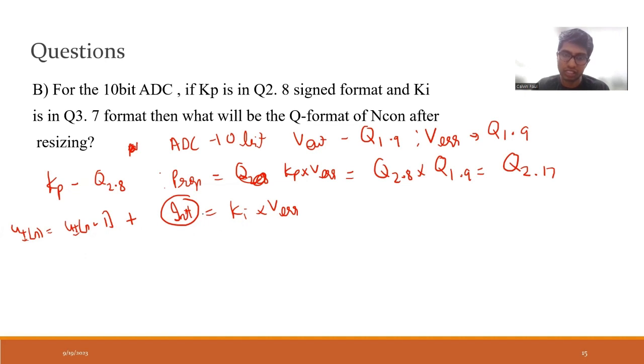So for this value, Ki into V error, Ki is Q3.7 into Q1.9. The Q format will be 3 plus 1, 4 minus 1, that is 3, and .7 plus 9 is 16. So it is Q3.16.